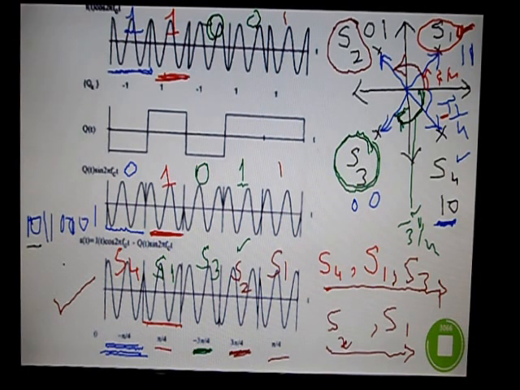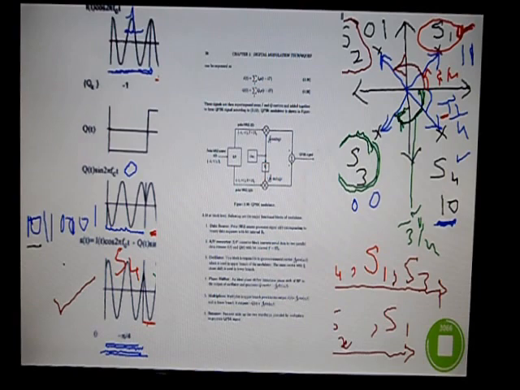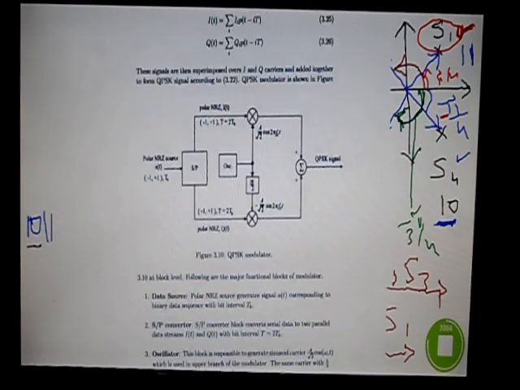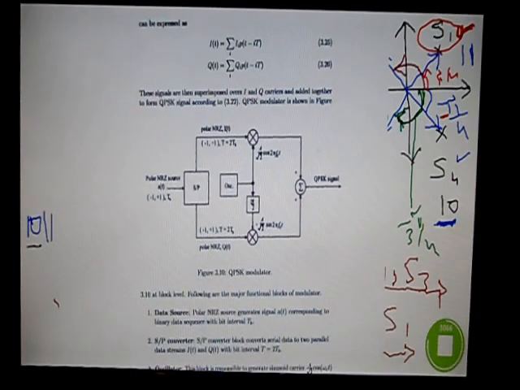Now let me clarify this diagram. Let me show you the other figure, which you are observing. This is how you generate the QPSK modulated signal.